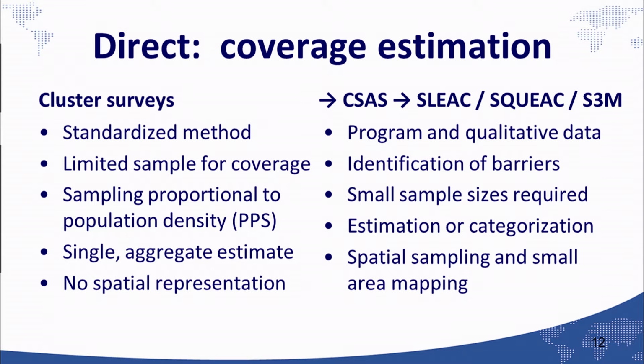In general, these newer methods benefit from making use of program and qualitative data, which can allow programs to identify barriers to access to care. They generally require smaller sample sizes and can provide either a quantitative estimate of coverage or a more simple categorization with respect to a given threshold. All of these methods also make use of spatial sampling and allow for small area mapping, which helps show geographical heterogeneity.